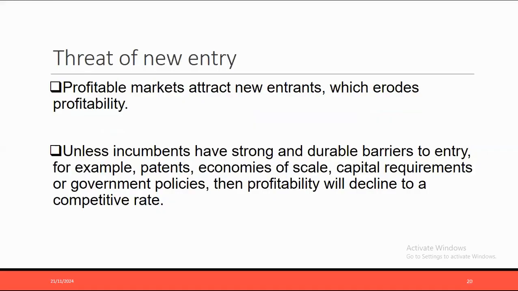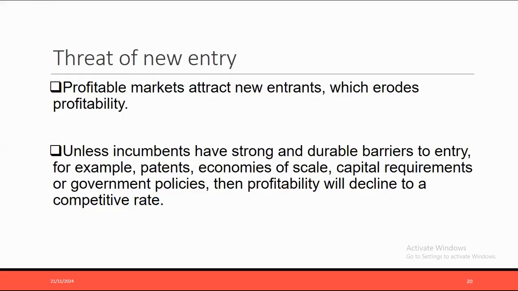And once it attracts new entrants and you have a lot of competitors, you're going to be sharing your customer base with other competitors. And so it will erode your profitability, or you may have to share your revenue with the other competitors. And so that will reduce your profitability on the market.